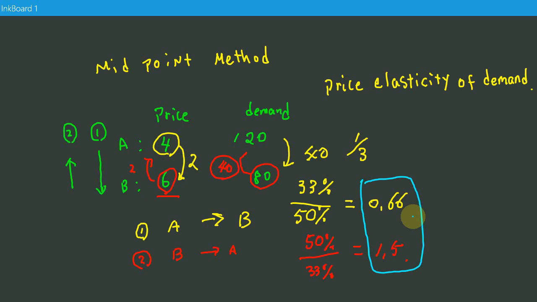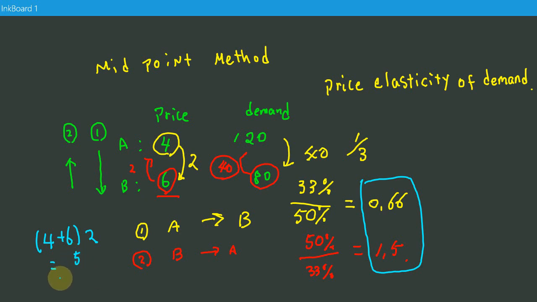From A to B, the midpoint is 4 plus 6 divided by 2. Then the midpoint is 5.